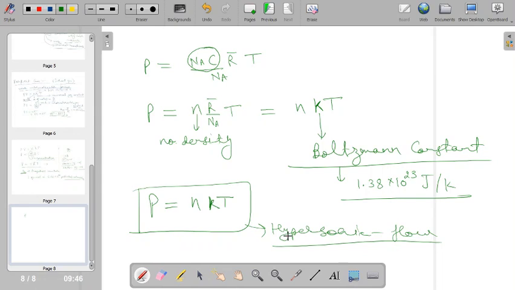Because in hypersonic flow, the concentration of the gases will keep on changing. We will have a mixture of gases. If you have certain molecules of a certain gas, they will ionize at very high temperatures, and chemical reactions will occur. Due to these chemical reactions, we will find that the concentration of each gas is actually changing during the flow.